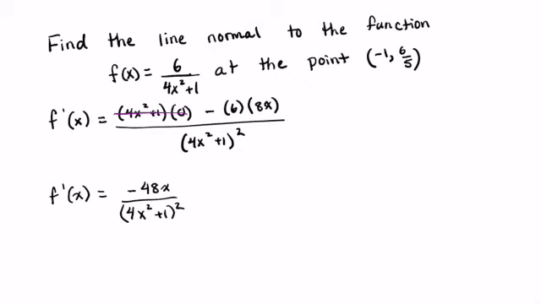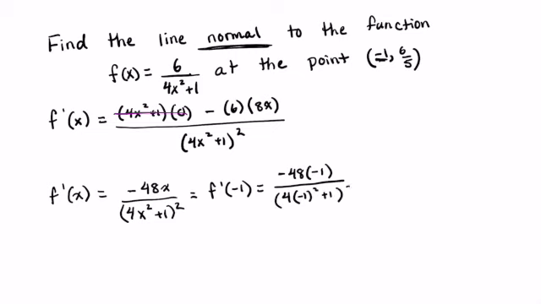Now, again, at this point, when I plug in my x value, I'm going to find the slope at the point -1, 6 over 5. I want to find the normal line, okay? So the normal line is going to use the opposite reciprocal slope. So let's go ahead and plug -1 into our function. So we have negative 48 times -1 over 4 times -1 squared plus 1, all squared.